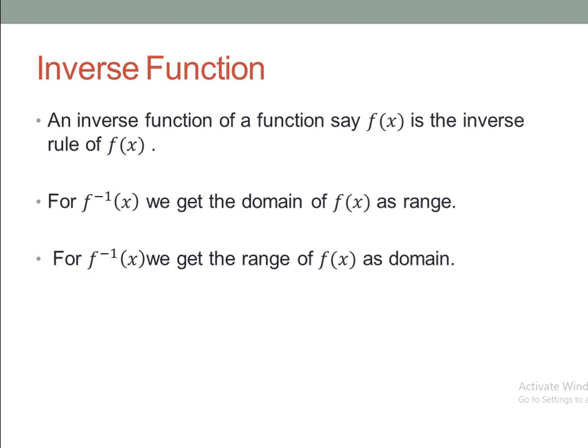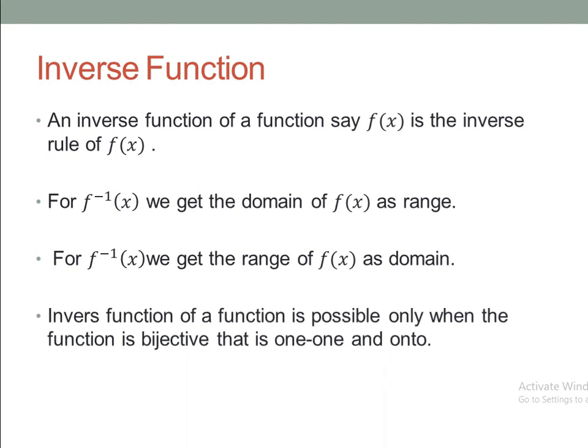That is, domain and range interchange when we invert a function. Inverse function of a function is possible only when the function is bijective. What is bijective? Bijective is one-one and onto. The function must be one-one and onto to be invertible.